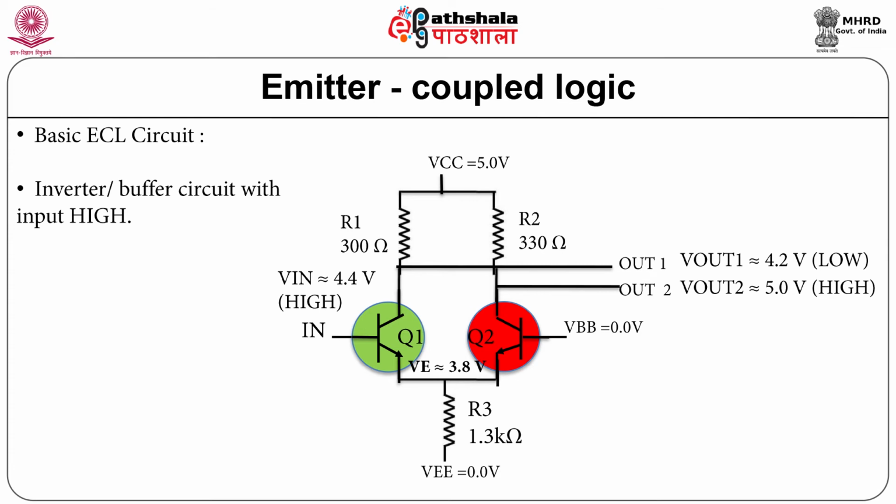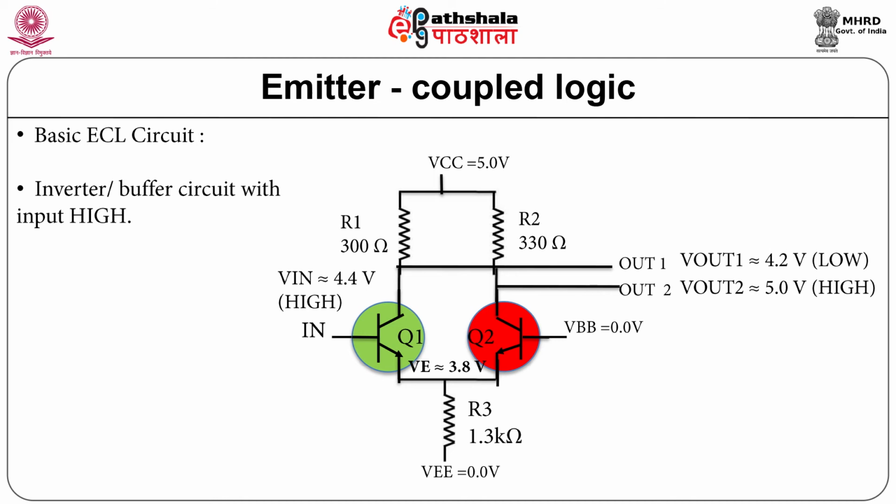When Vin is high as shown in the figure, transistor Q1 is on but not saturated and transistor Q2 is off. This is true because of a careful choice of resistor values and voltage levels. Thus, Vout2 is pulled to 5 volt high through R2 and it can be shown that the voltage drop across R1 is about 0.8 volt, so that Vout1 is about 4.2 volt, that is low.